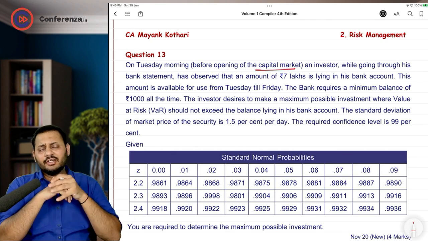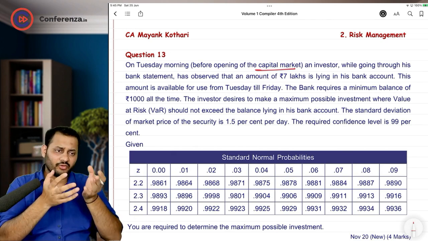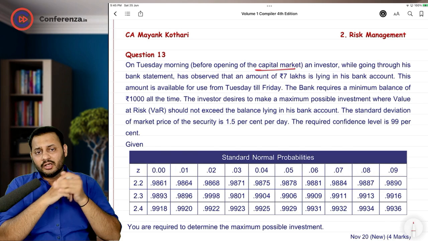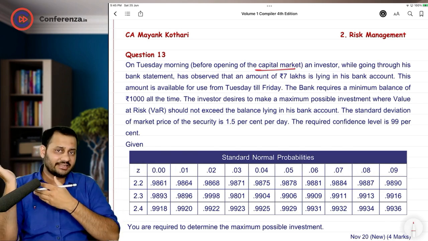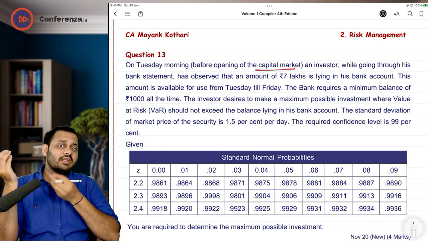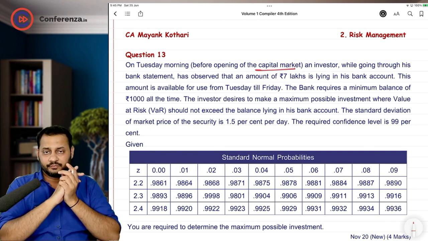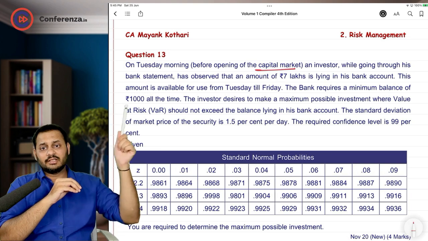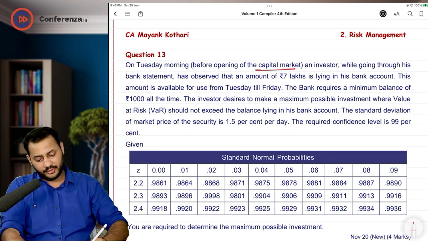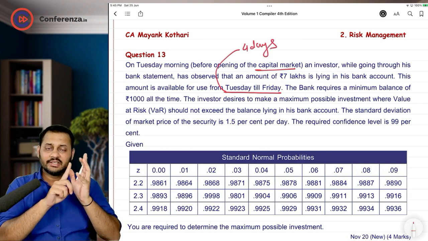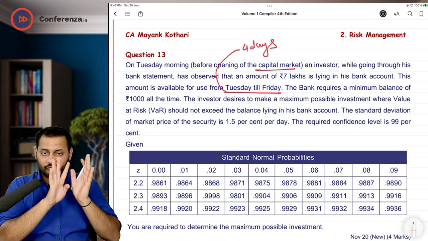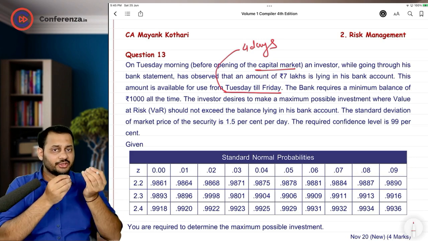On the Tuesday morning before 9:15 a.m., he saw there was 7 lakh rupees in his bank account. Now, this amount is available for use from Tuesday till Friday. These are 4 days: Tuesday, Wednesday, Thursday, Friday. He can use that amount for 4 days.